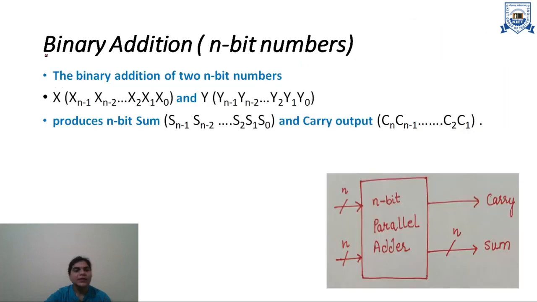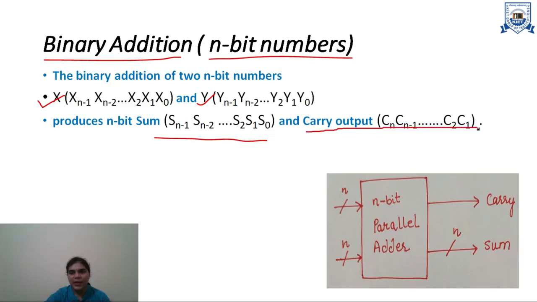In this way, we can calculate binary addition of two n-bit numbers. So we have two n-bit numbers x and y. The addition of these two n-bit numbers will produce an n-bit sum and a carry output.